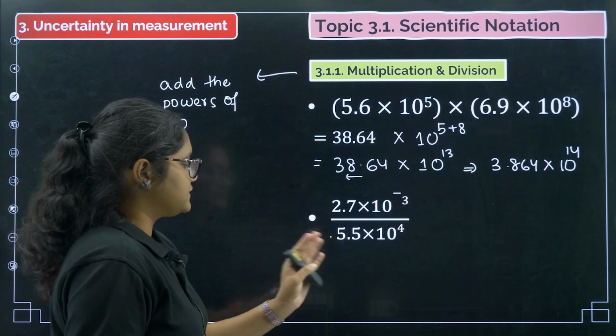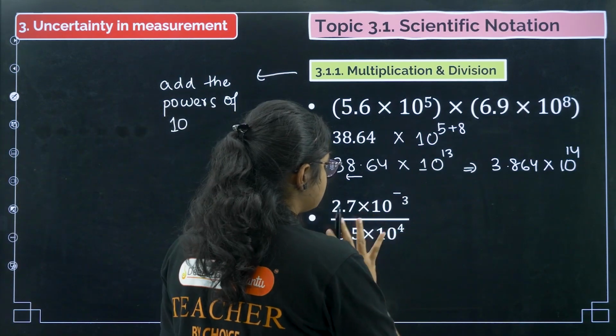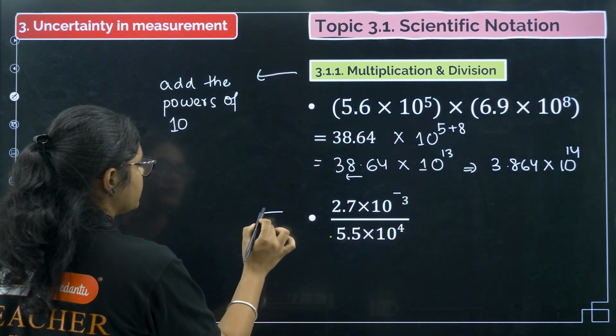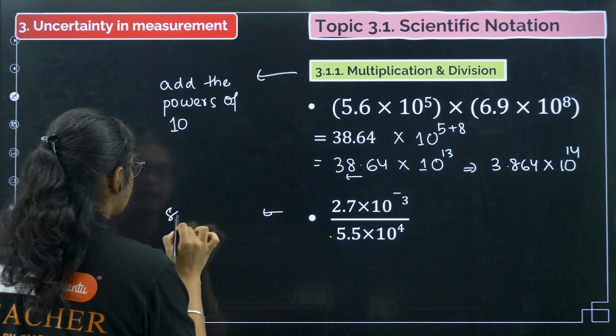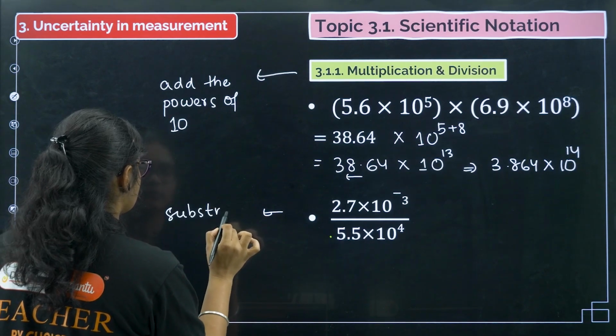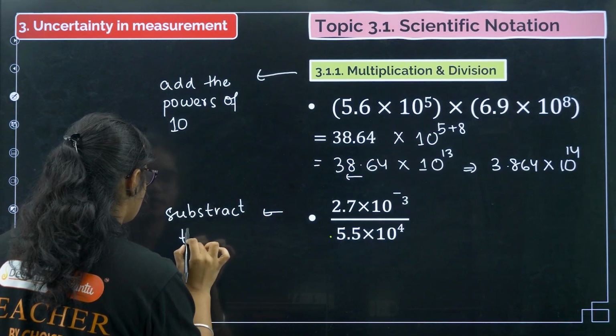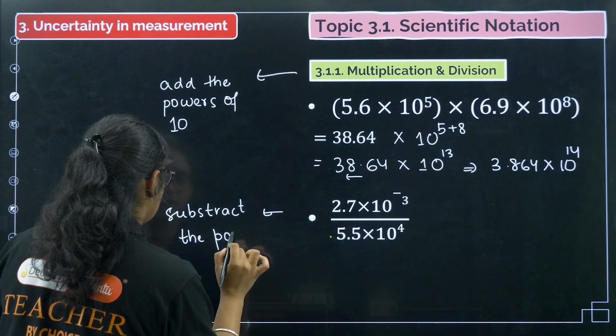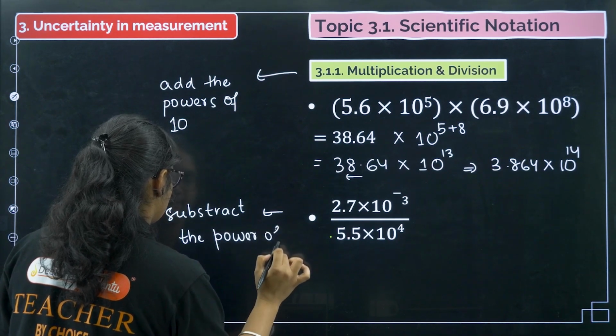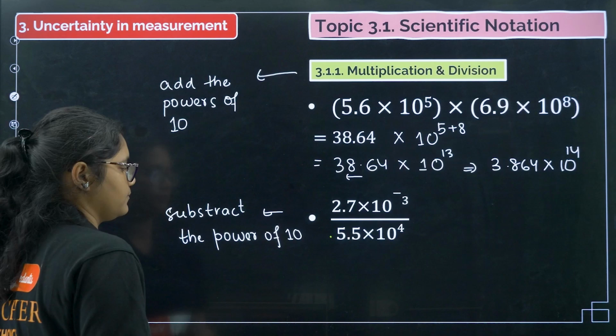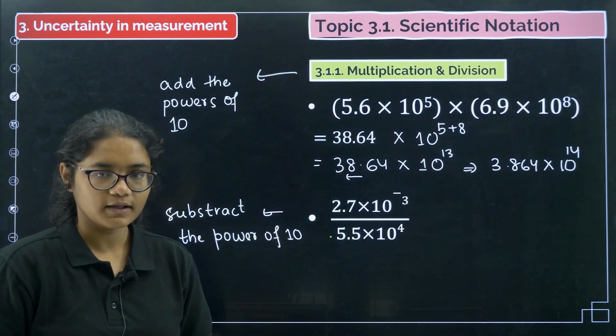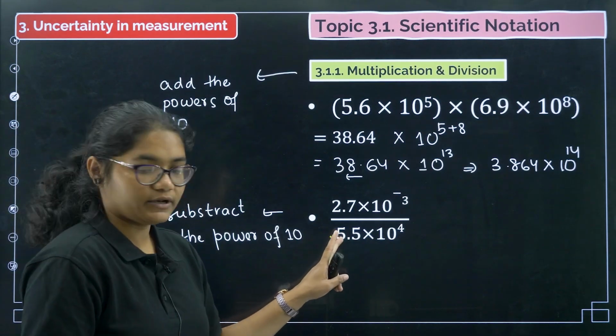Okay. Now let us see if it is division. In case of division, what you need to do? You need to subtract the powers of 10. Okay, clear? So now this is only 5.5.